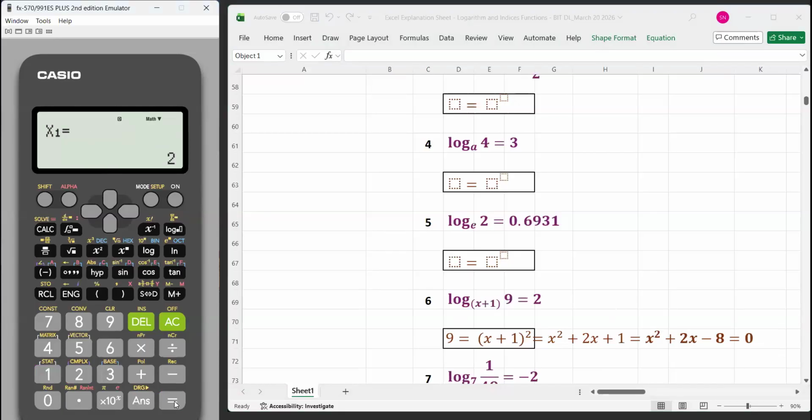So x1 is equal to 2 and x2 is equal to minus 4. So you are realizing that we can be asked to simplify expressions like this if you are changing from log to exponents.